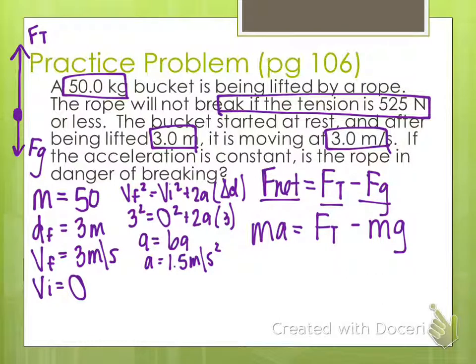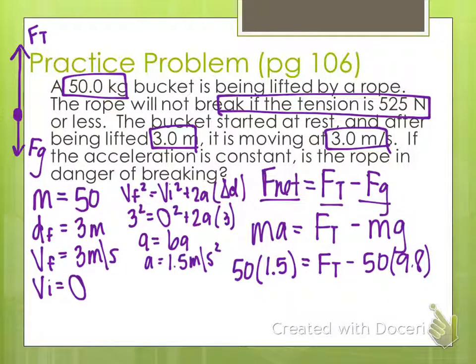So now we can start plugging in what numbers we have. We have 50 kilograms for our mass. We have our acceleration equal to 1.5. F sub t is what we're solving for, that tension force. G is always 9.8.